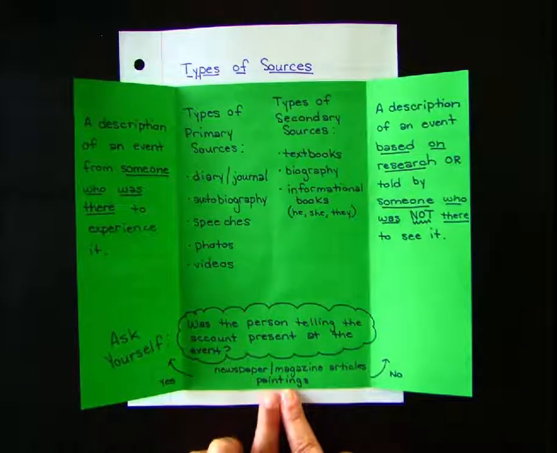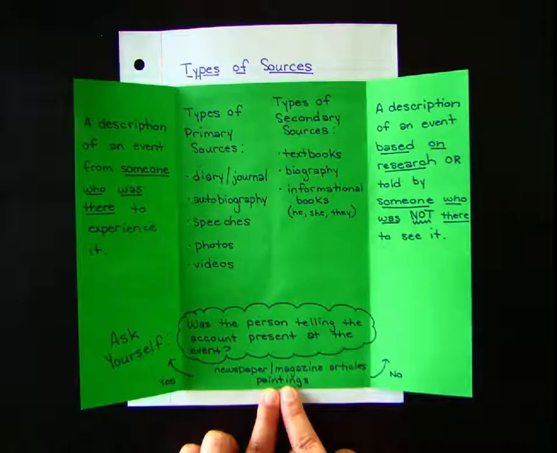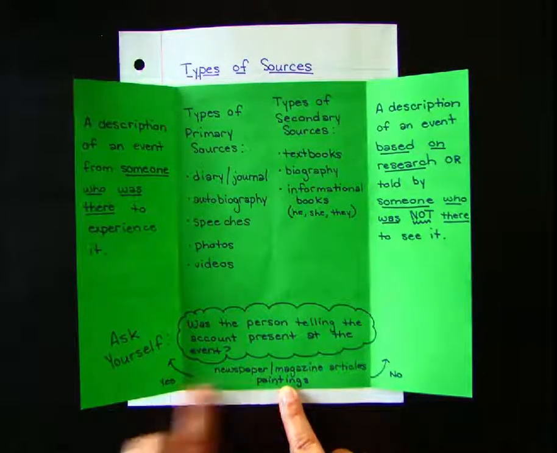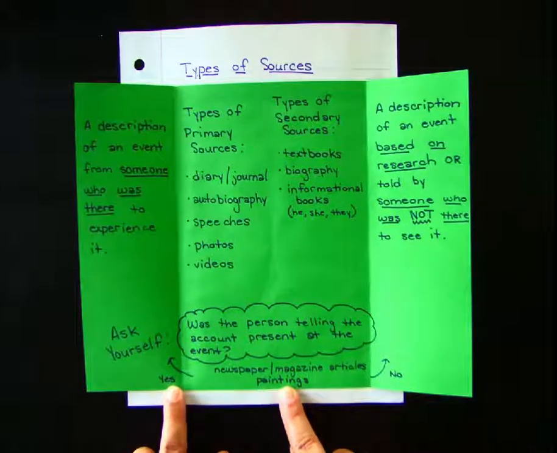Same is true for paintings. Okay, there are paintings from our past that are showing us scenes of wars or scenes with certain presidents in them. Okay, so you have to take a look at when was that painting painted. Was it painted by someone who was present at, say, that battle?